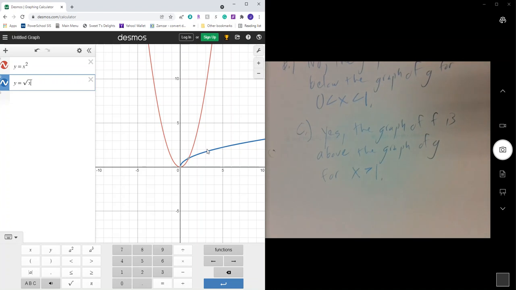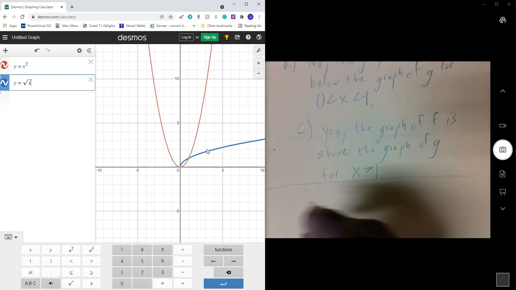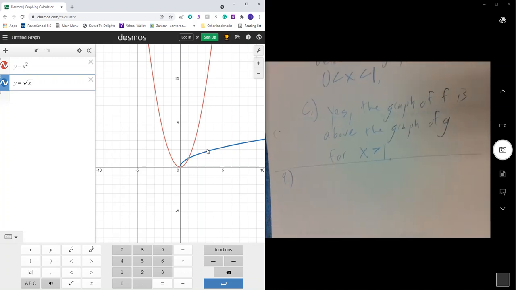Okay, now we're going to embark on our last problem for section 5.7, which is problem number 9. So problem number 9, it says a shipping carton in the shape of a rectangular box has dimensions 12 inches by 24 inches by 17 inches.